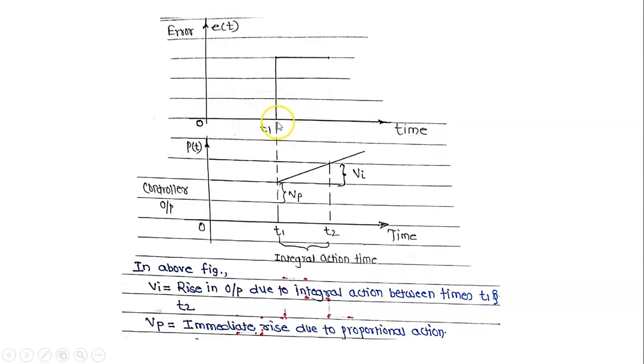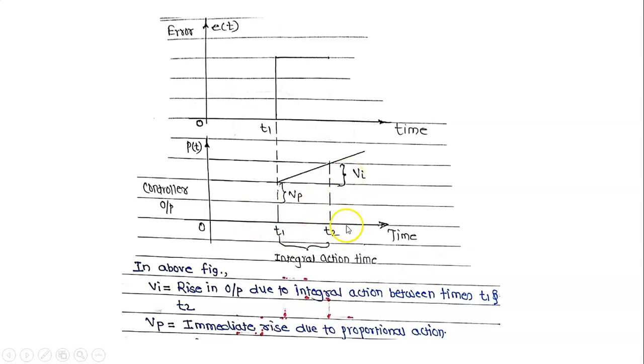Now at t1, this is the graph. If you project this graph on another graph, that is controller output versus time, this is time t1, this is time t2. Therefore, this is Vp, the immediate rise due to proportional action, and this is Vi, the rise in output due to integral action between times t1 and t2.